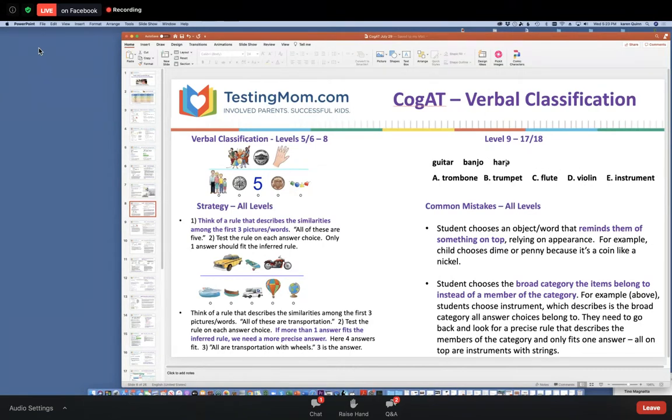These are all instruments with strings, and so violin is really the answer. But a lot of times people will pick the category. And when I first started doing these myself, I would pick the category. So it's such a common mistake. So the great thing is if you're practicing and you see your child make this mistake, you guide them into talking through what they're really looking for.